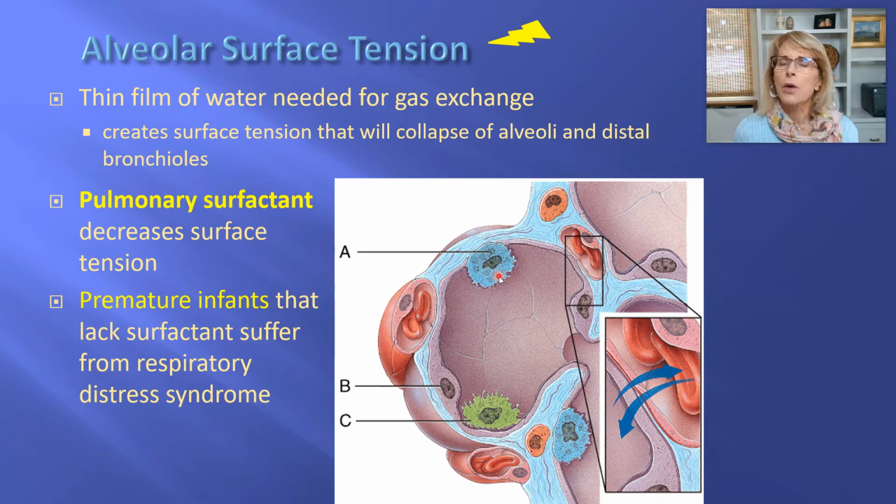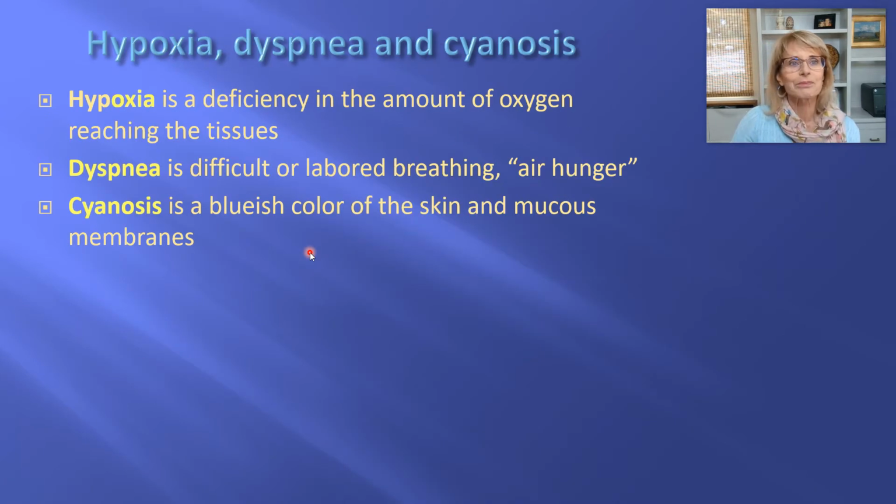So if doctors know that a pregnancy needs to be ended early, that the baby's going to have to be taken by C-section, they can give the mother an injection of a medication. And then if they can postpone the cesarean section by 24 hours, that gives the baby's lungs a chance to start making pulmonary surfactant, and they've got a much better chance of surviving after they are born prematurely.